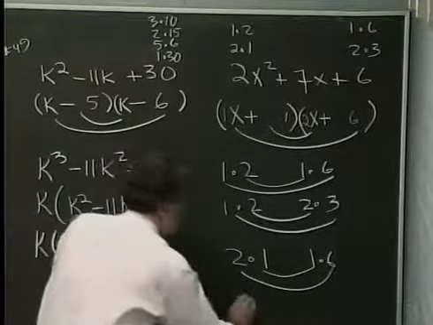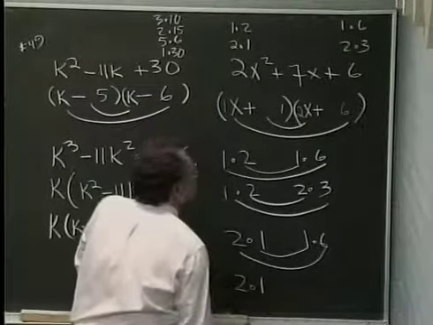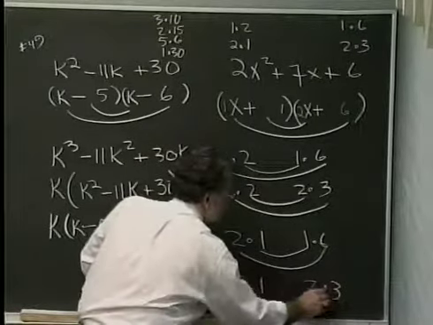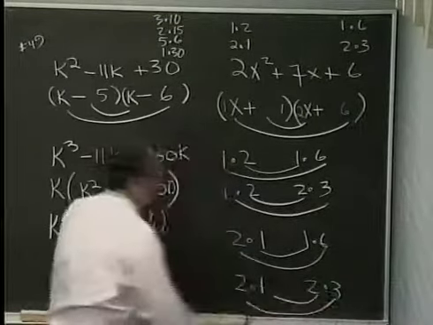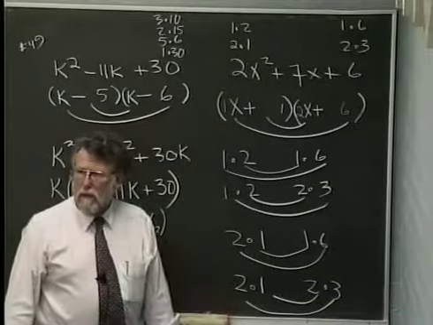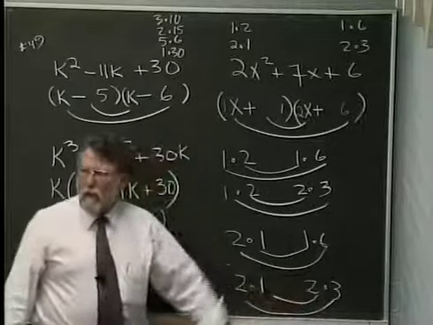Or I could do a 2, 1 and a 2, 3. And that's going to give me what? 8. 2 times 3 is 6, plus the 2 times 1 is 8.